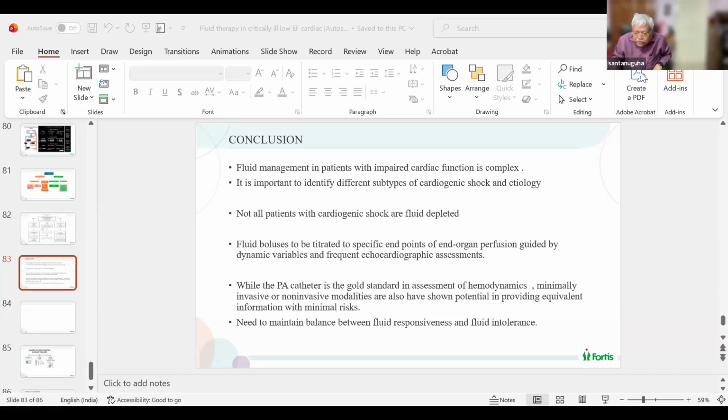Is there any basis for this type of prescription, or should we incorporate the symptoms, whether the patient is dyspneic or hypovolemic or volume overloaded? These issues should be considered more than just an ejection fraction of 40%, reducing total volume intake to 1200 ml.